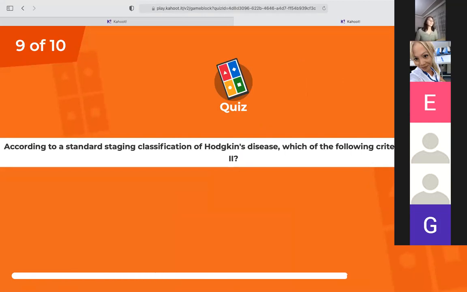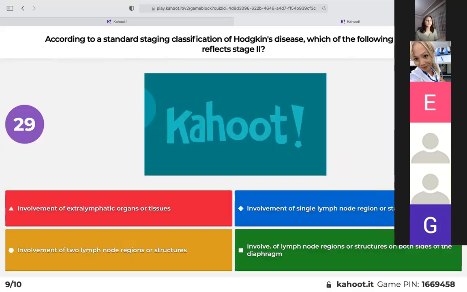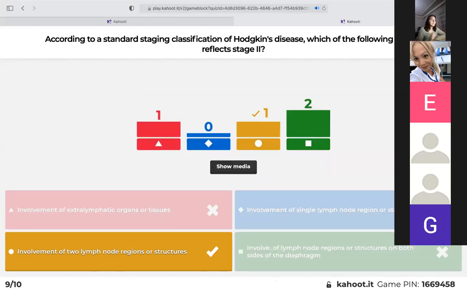According to a standard staging classification of Hodgkin's disease, which of the following criteria reflects stage 2? One of two lymph node regions or structures. And the last question.